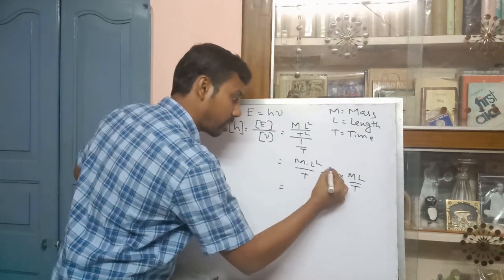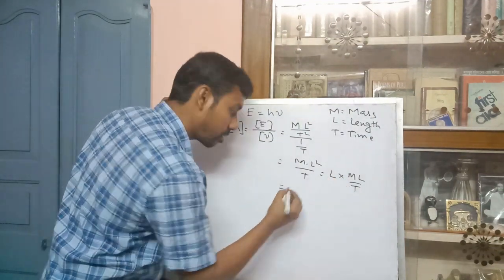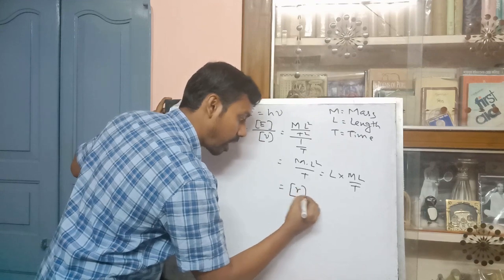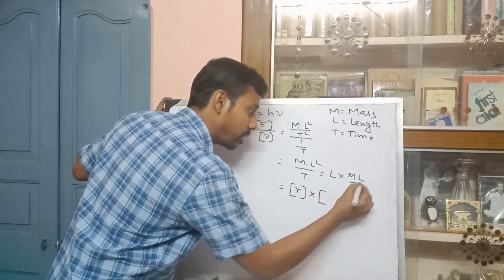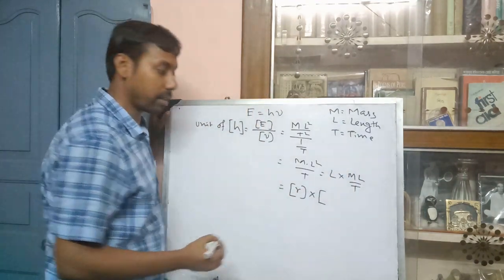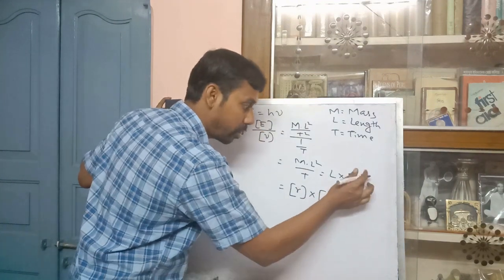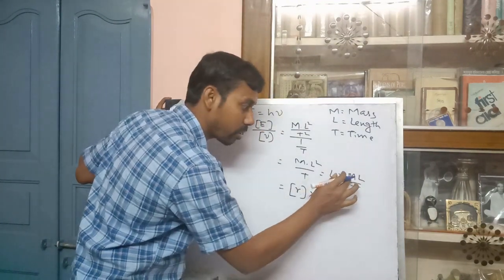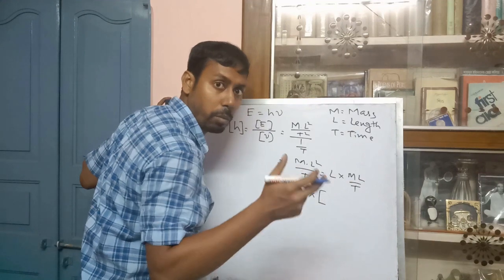So this is the unit of distance or r, and the unit m L by t is equal to momentum. M into L by t is v, so that gives you m into v, the momentum.